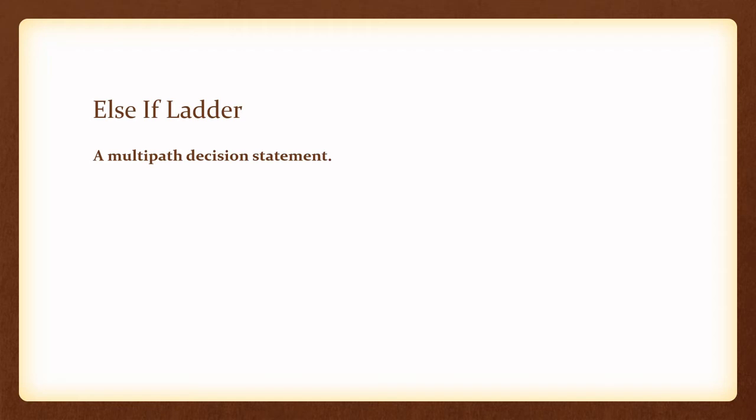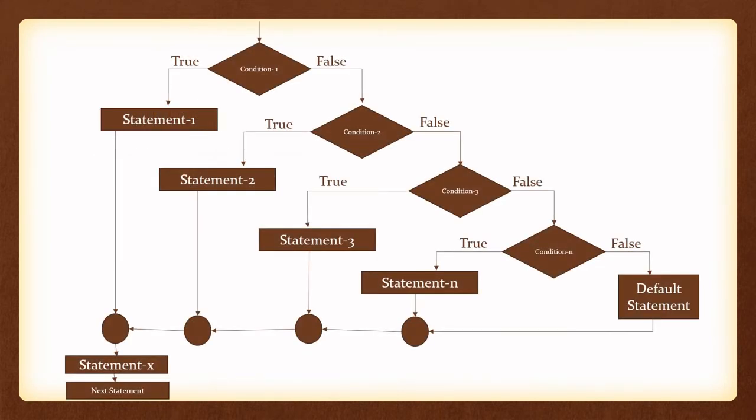Let's see the operations of the else if ladder by means of the flowchart here. Just consider here, we have given the condition 1. If the condition 1 is true, then the statement 1 will be executed. If the condition 1 failed, then it comes to the condition 2.